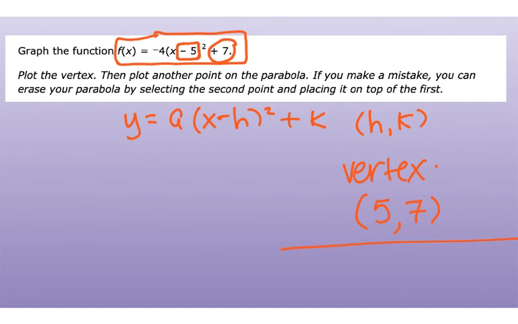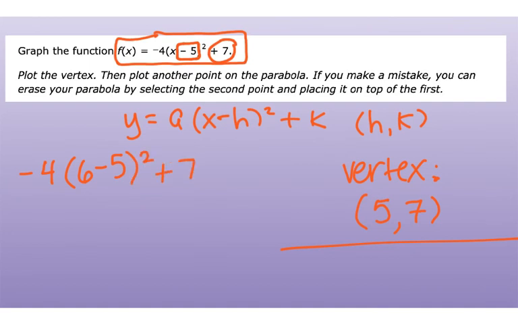Now, they're going to ask you for one other point. In order to find one other point, you need to put a number in for x. The number that I would use for x is 1 on either side of the vertex, just because I think it's easiest. So I'm going to go ahead and put 6 in for x because that is to the right of the vertex. So 6 minus 5, I'm going to square it and add 7.